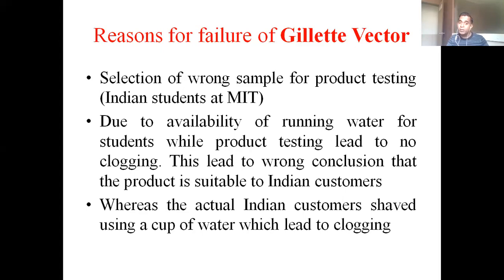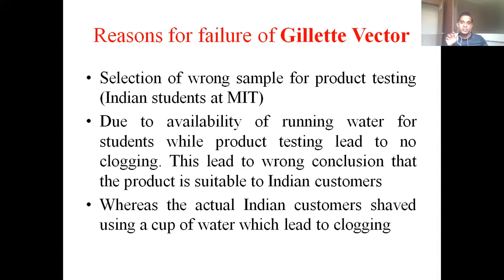But as I told you, Gillette did not have knowledge about poor Indian customers' shaving habits. When the poor Indian consumer shaved using a cup or mug of water, it did not clear the clogging. And when there is hair stuck between two blades in a twin blade razor, the next stroke on your face will not give you a clear shave.